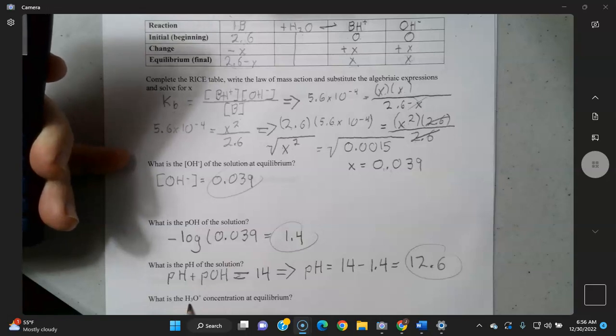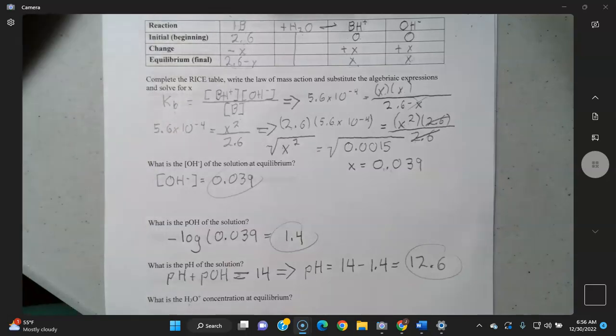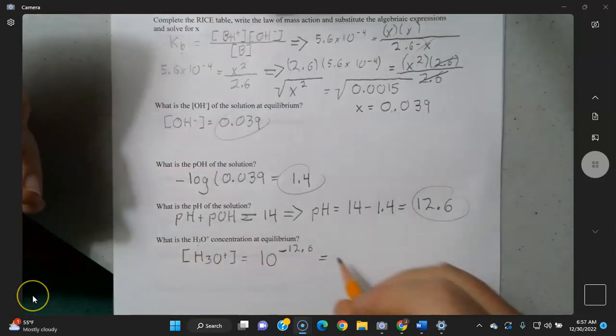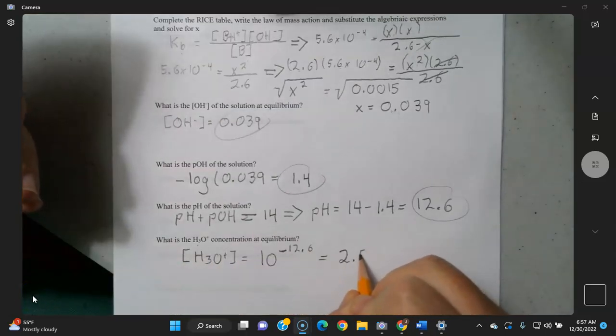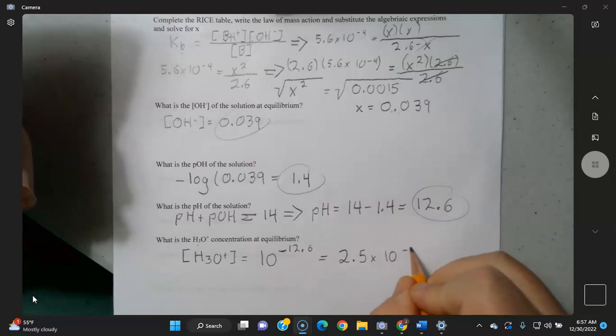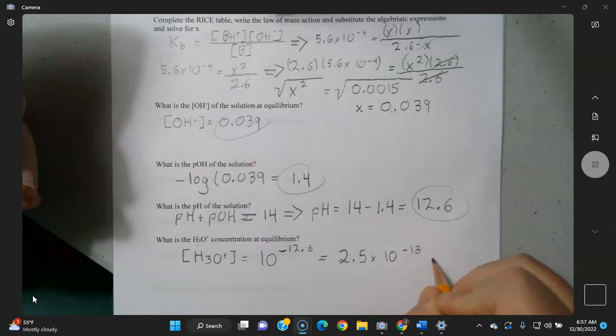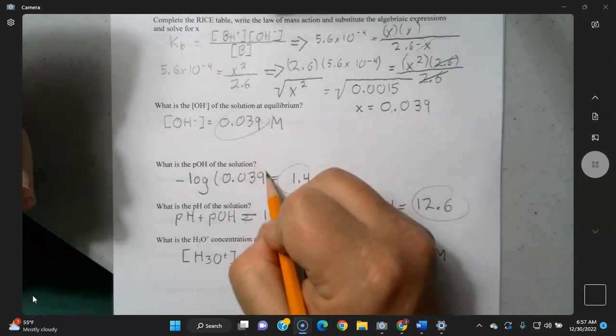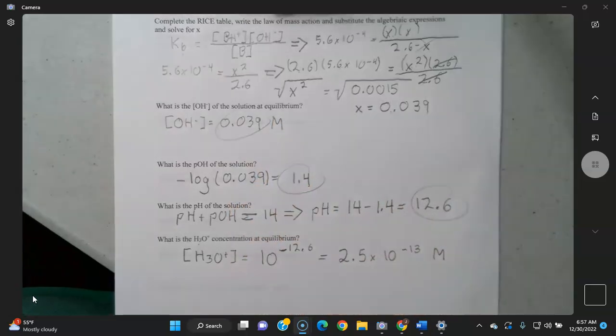And finally, the hydronium ion concentration. Let's do it the easy way. And what we get is a very small number, 2.5 times 10 to the negative 13. And that's molar. This is also molar up here. And those are all of the answers.